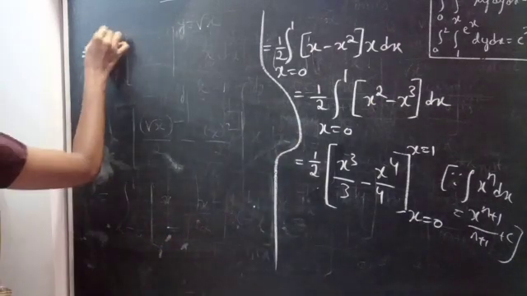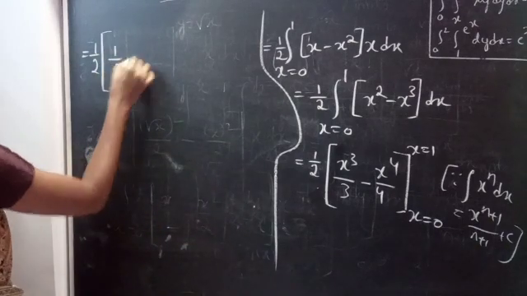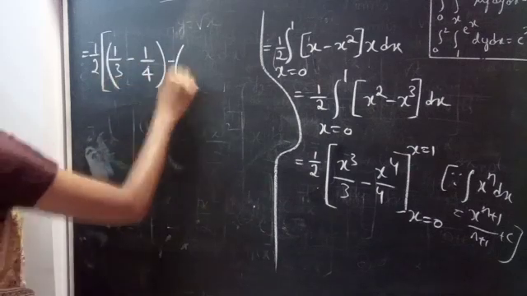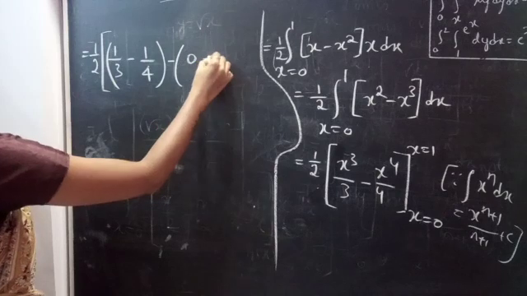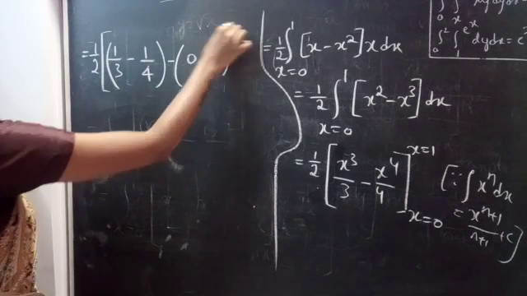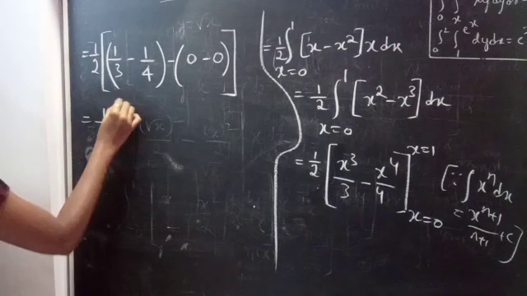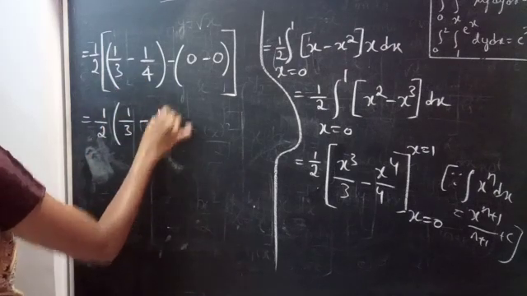1 by 2 into, first apply the upper limit, 1 by 3 minus 1 by 4, minus the lower limit, 0 by 3 is 0 minus again 0 by 4 is 0. This is equal to 1 by 2 into 1 by 3 minus 1 by 4.